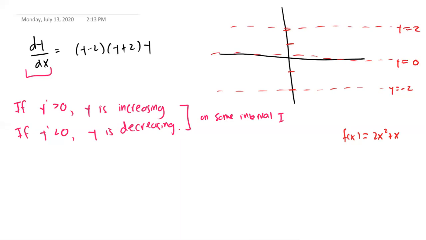Now, we can do something similar, but in this case, instead of finding intervals about the x-axis, we're going to find intervals about the y-axis. Meaning that we'll be able to tell, on each of these subregions, subregion 1, subregion 2, subregion 3, subregion 4, whether our function is increasing or decreasing in that region.